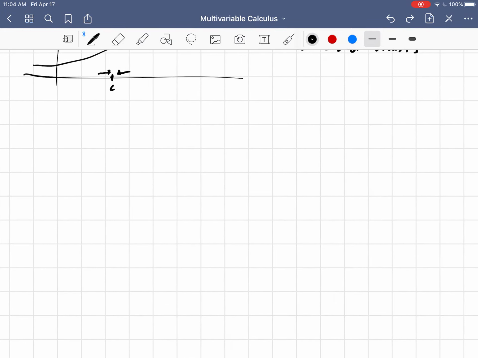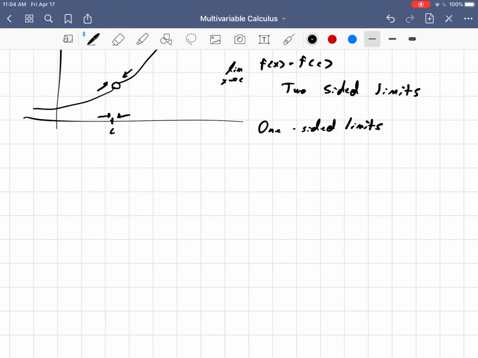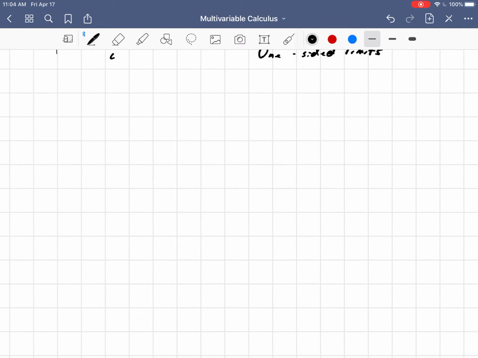And whichever way I approach c, I still get the same answer, which in the case of this function was f of c. Now, this is not always the case. This is why we have a thing called one-sided limits. And you could probably guess that we're just considering limits from only one side of c, either from the left or from the right. So let me do an example.